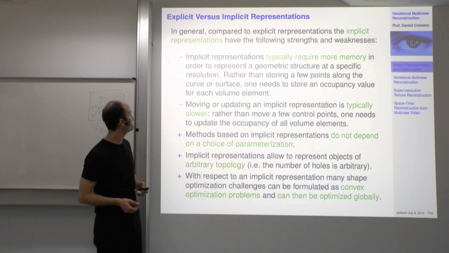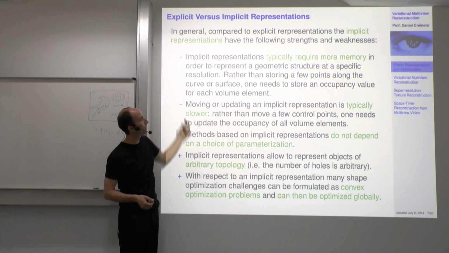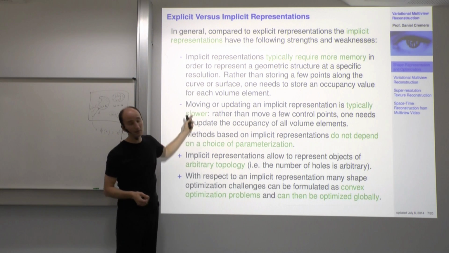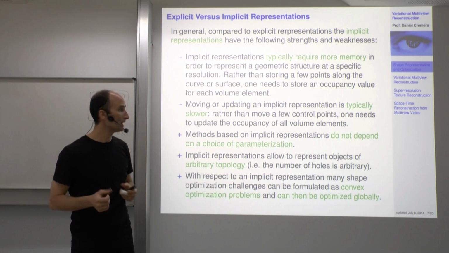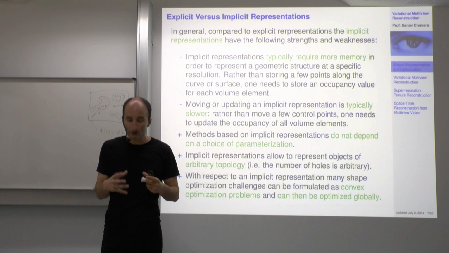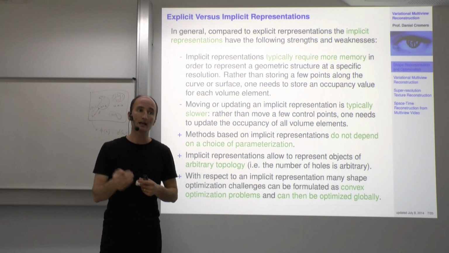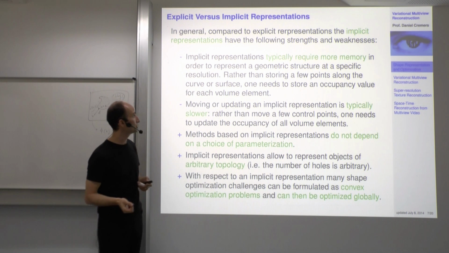Here are some advantages and drawbacks. The implicit representations typically require more memory, and typically the evolution of implicitly represented shapes is more numerically tedious, because you have to update this indicator function for all voxels, so you have an additional dimension, right?